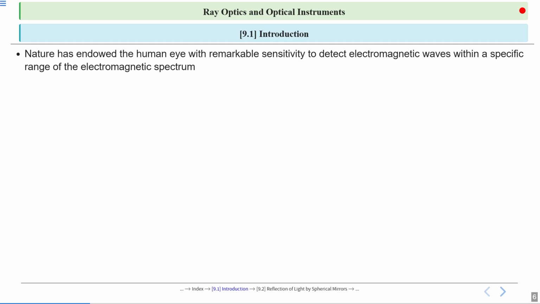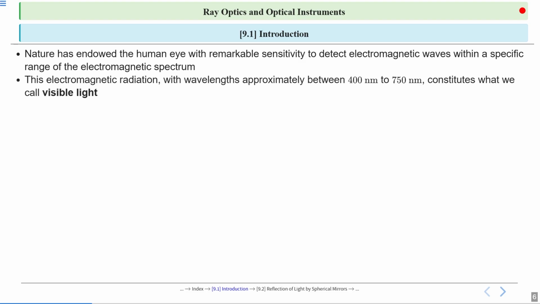This electromagnetic radiation with wavelengths approximately from 400 nanometer to 750 nanometer, which our human eye can detect, constitutes what we call visible light.